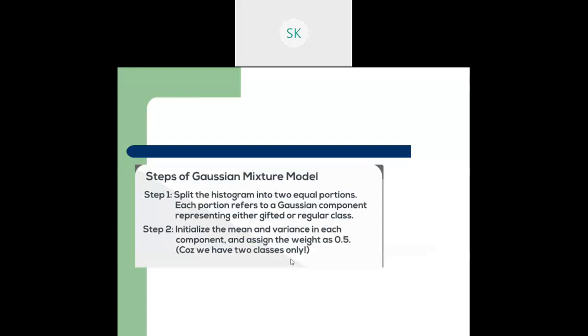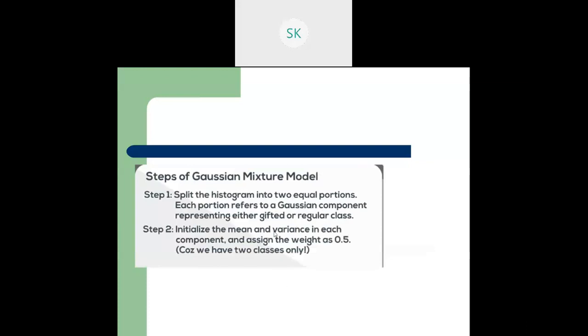Each portion refers to a Gaussian component representing either the gifted or the regular class. So now we are moving ahead with how the Gaussian mixture model works, with respect to the example we discussed previously. The first step is the representation of the data score in a visual form, a histogram type of representation.